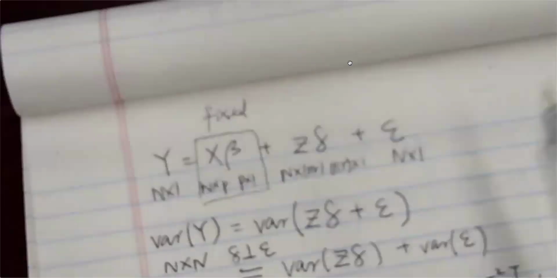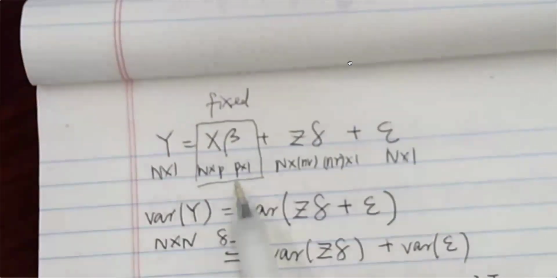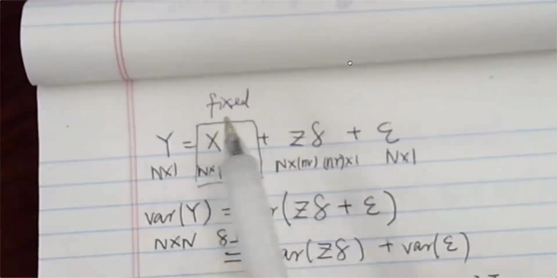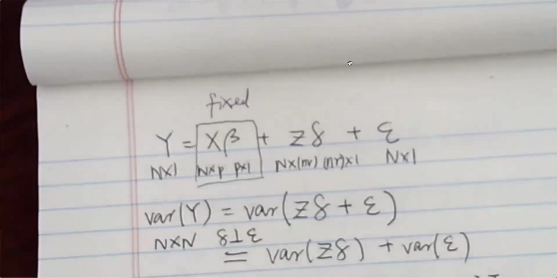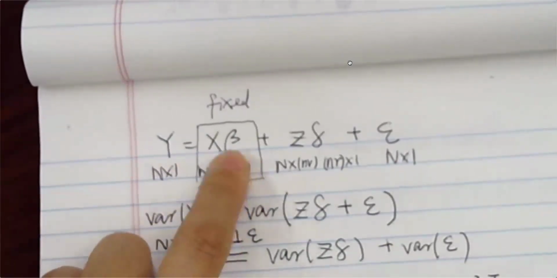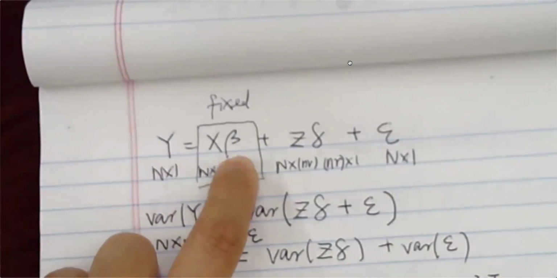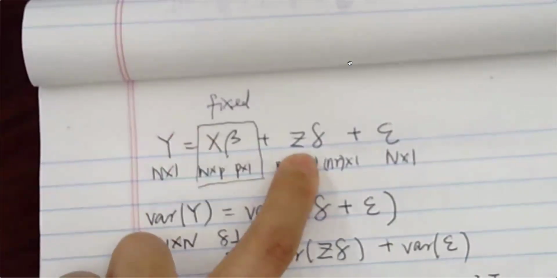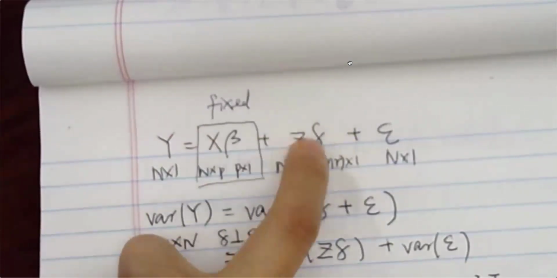Scrolling back to the model right here, if you put your covariate of interest into X, then you get beta hat values, your estimated effect size. But if you put your covariate of interest into Z, you won't actually get theta values.